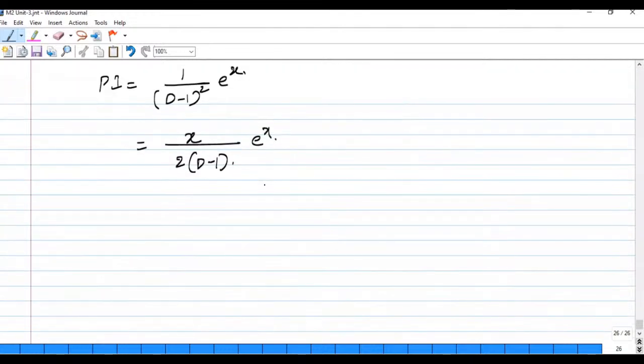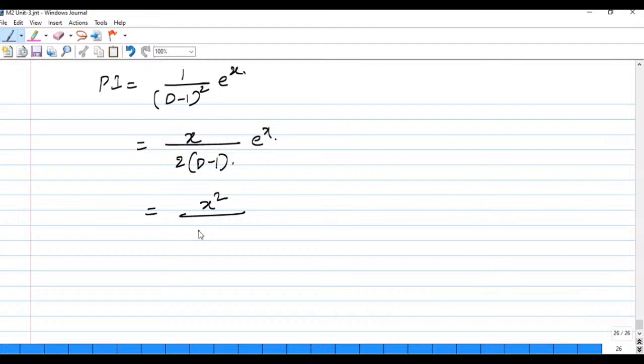Now put D equal to 1, again 0. Then multiply the numerator by one more x and differentiate the denominator with respect to D, which gives 2. There is no D to substitute D equal to a here. So the particular integral is x square by 2 e power x.